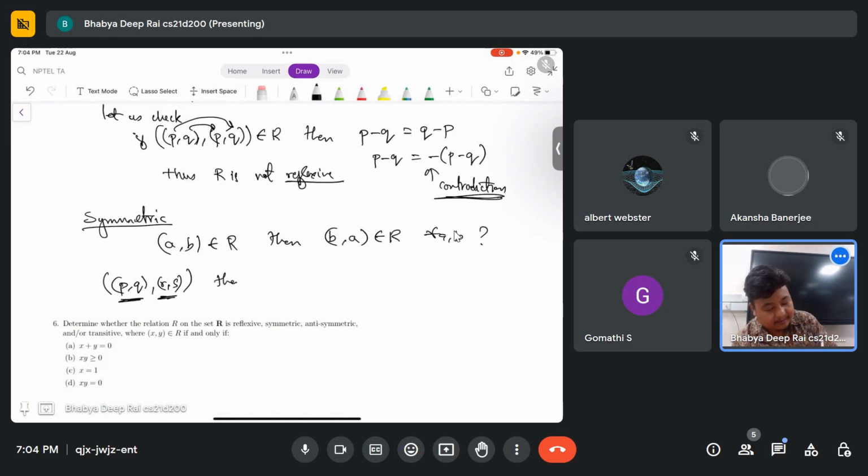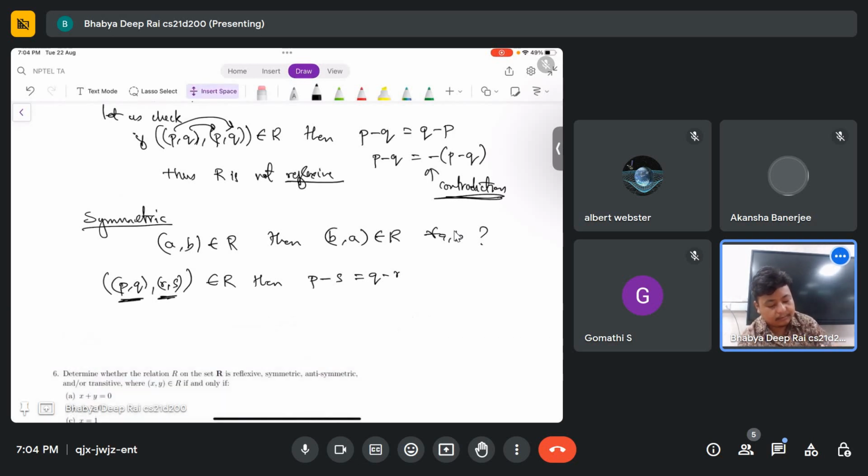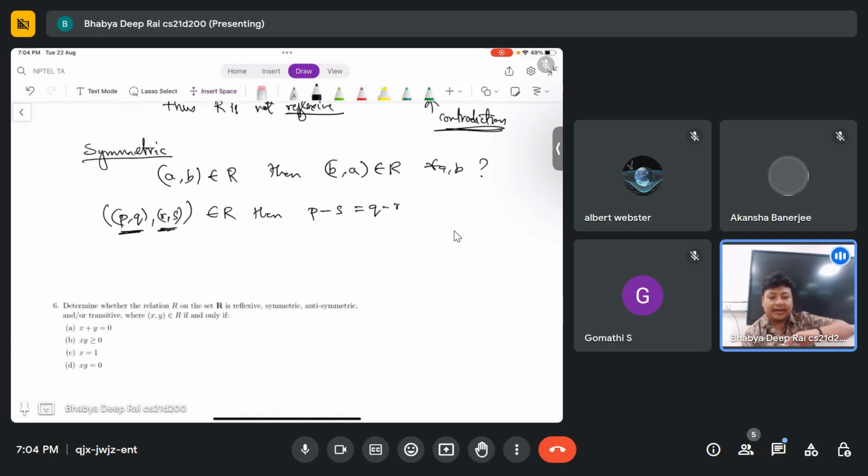Then if it is in R, what do we mean? Then we have that P minus S equals Q minus R by definition. Now let's do the other way around.